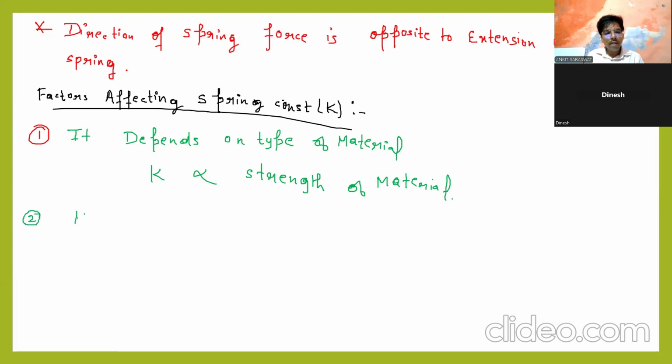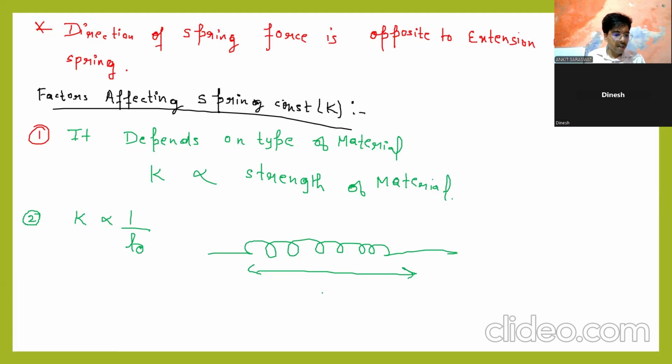K is inversely proportional to the length of the spring. For example, if I ask you, this is the spring, clear? Its length is L naught. Let us suppose spring constant is K, natural length is L naught.